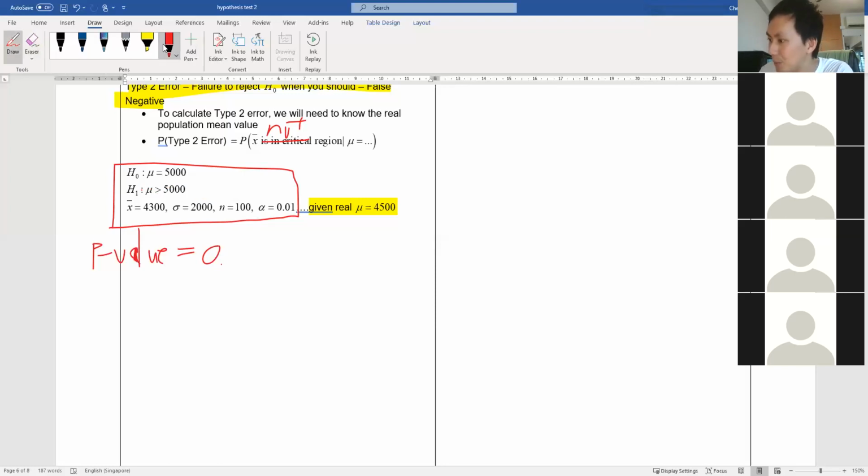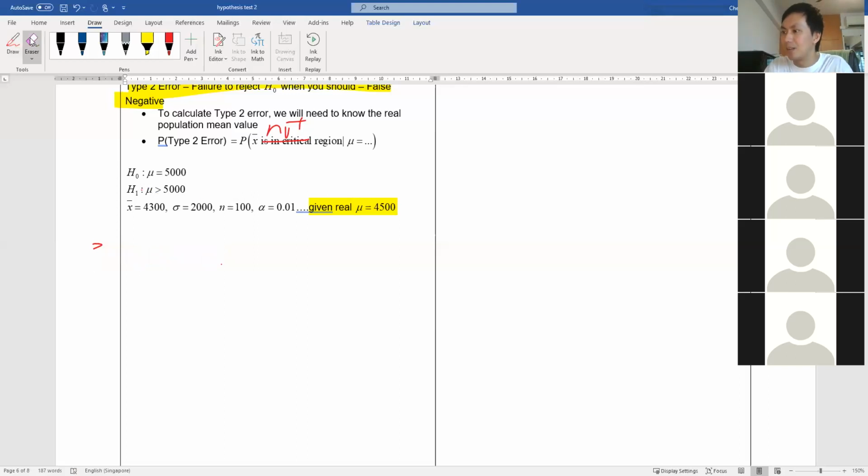So this one, I think change this to 5,300, change the X bar to 5,300. Is it still right tail test or left tail test? Right tail test.